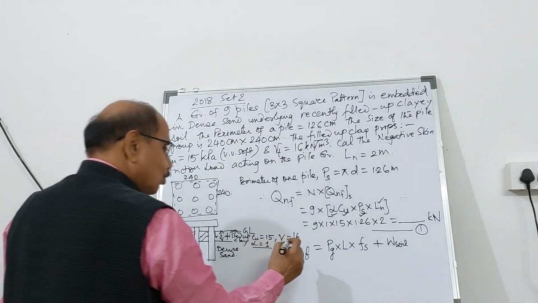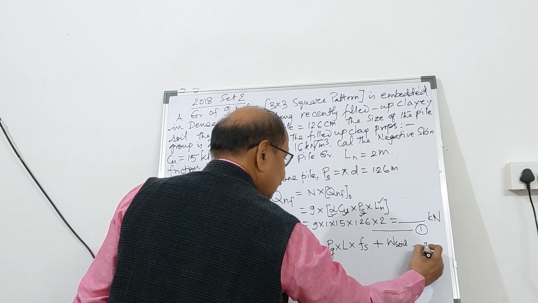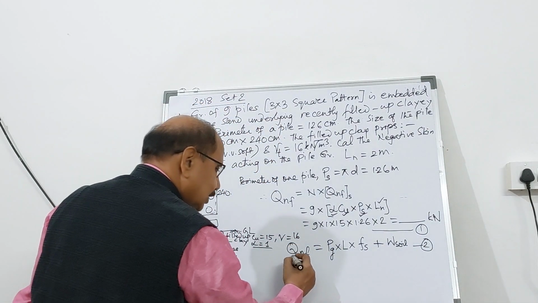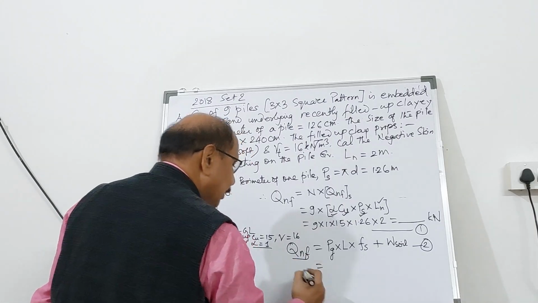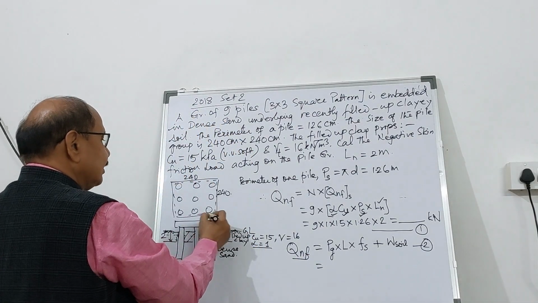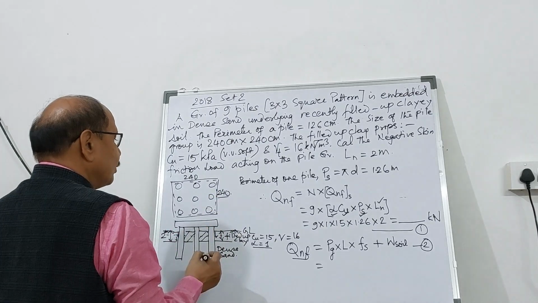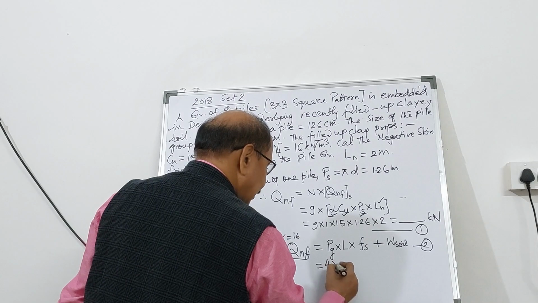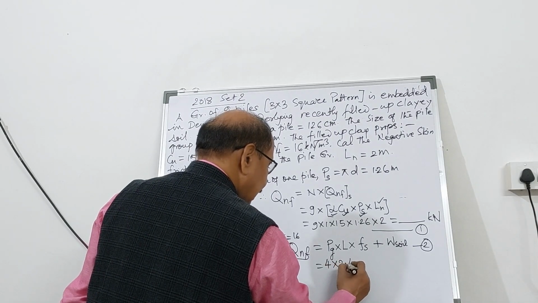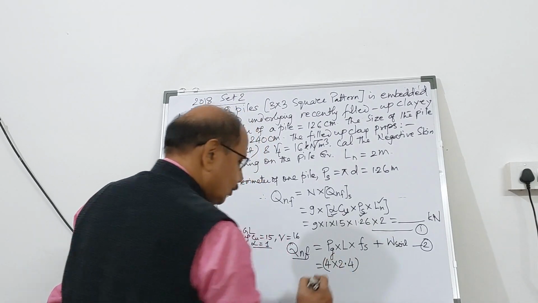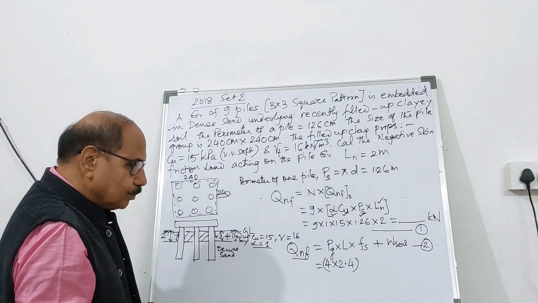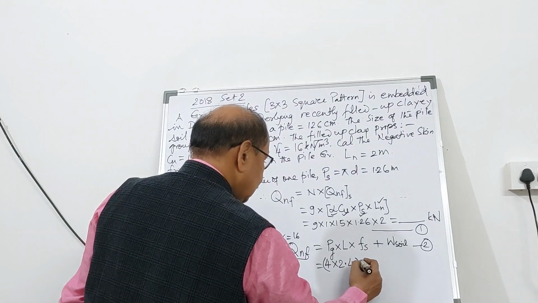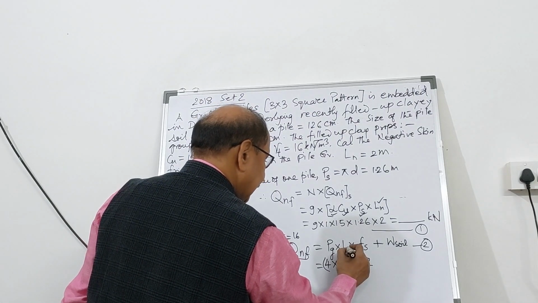So on group concept, there is another expression. So based on group concept, the negative skin friction, the perimeter of the group, you can find it out, 2.4 meter by 2.4 meter, 4 times, it is a square pattern multiplied by 2.4. This becomes the perimeter of the group, and the length is known to us, 2 meter, ln it should be.